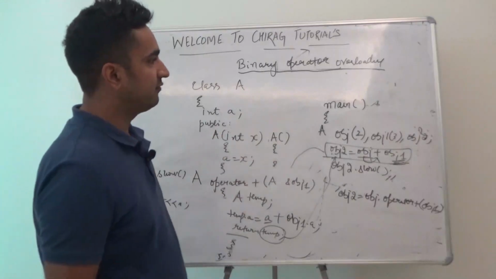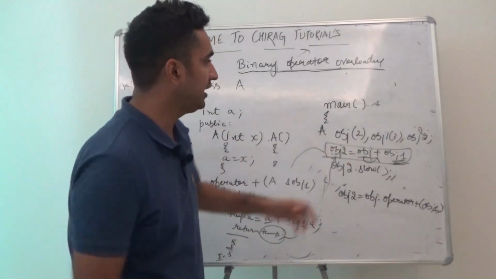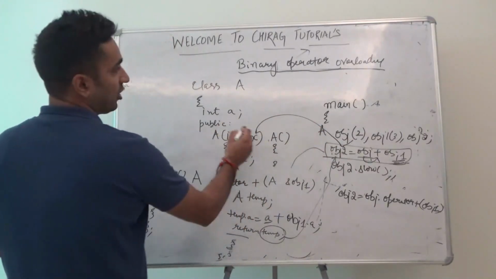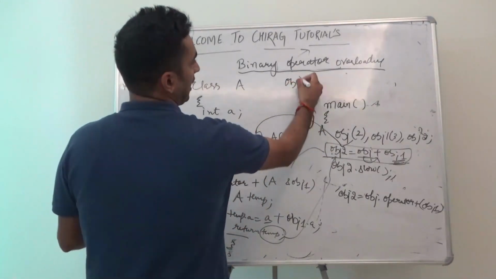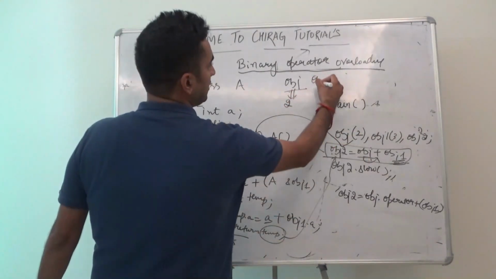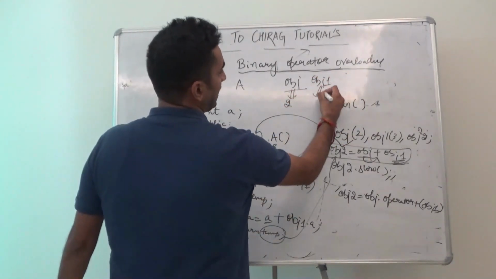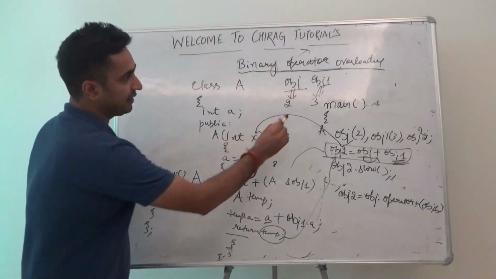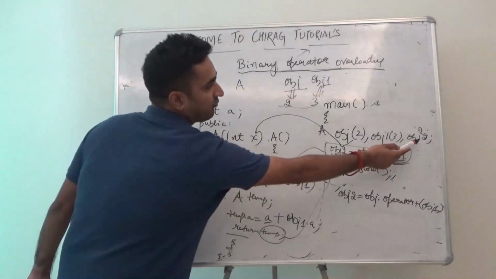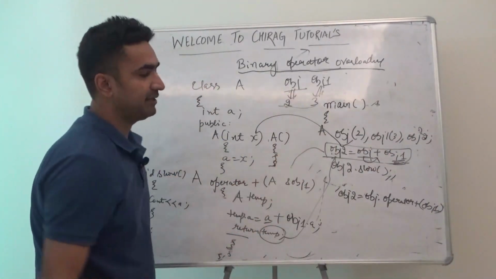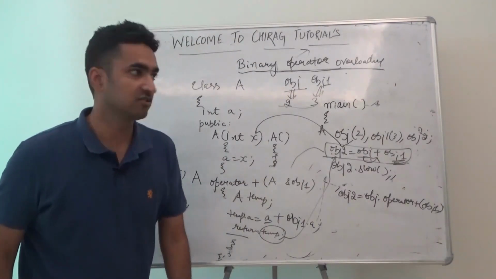So if I run this, obj2 equals obj plus obj1, it means this function gets called. Now for obj, the value of a is 2. For obj1, the value of a is 3, right? So I have written that. After that, for obj2, the default constructor gets called.